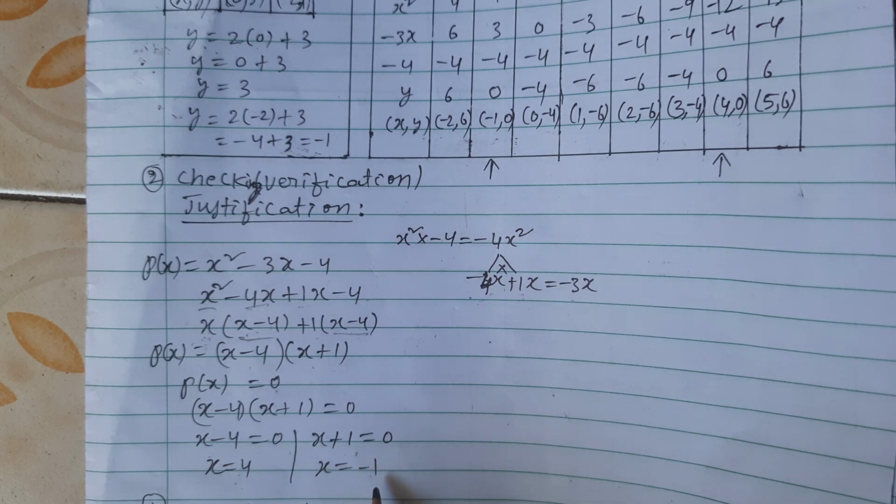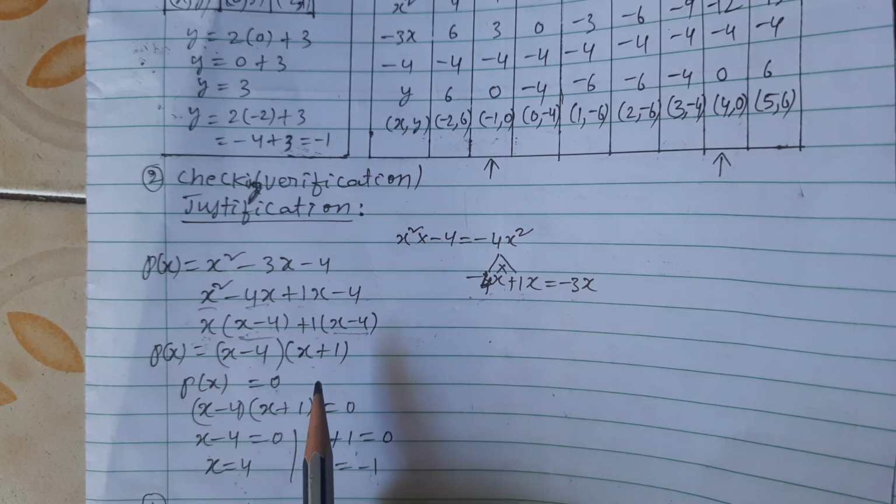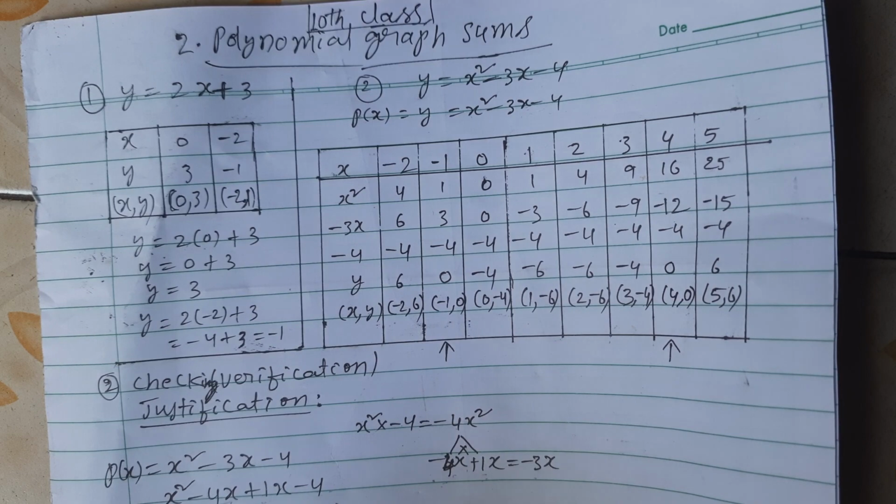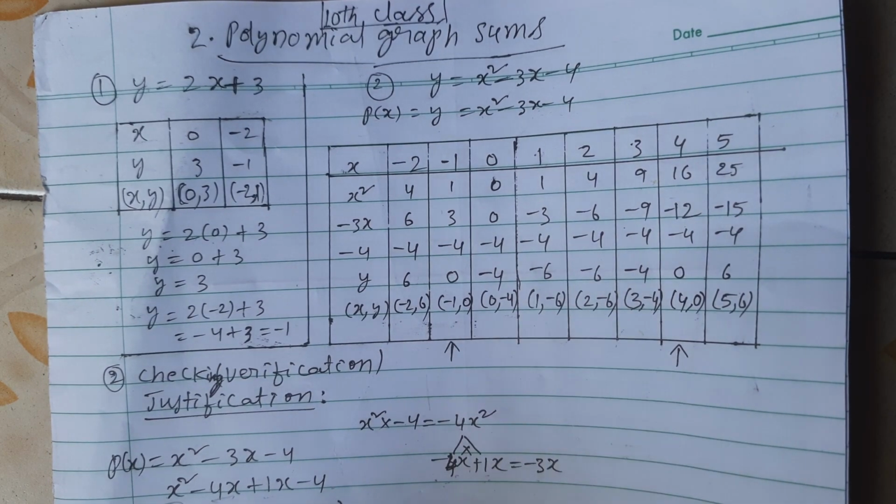That's why we need to take 4 and one more x value after it, up to 5. Here x = -1, so on the left-hand side of -1 we should take -2. That is the specialty. If you find the justification first, you can understand very easily what table we need to prepare on the graph sheet.